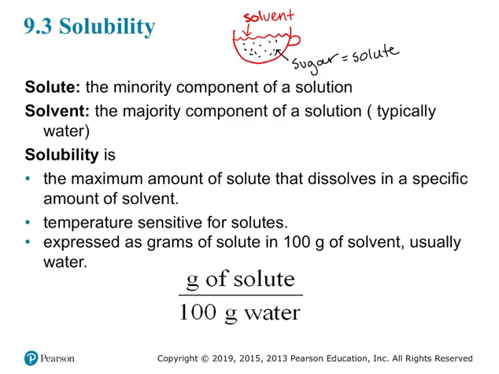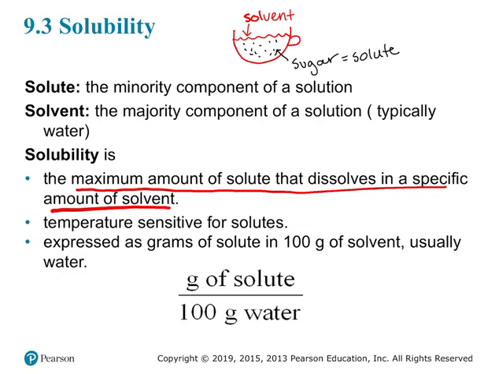So then what is this solubility term? Solubility is the maximum amount of solute that dissolves in a specific amount of solvent. For example, if you've ever had tea with sugar, sometimes there's some sugar crystals left on the bottom of the cup.